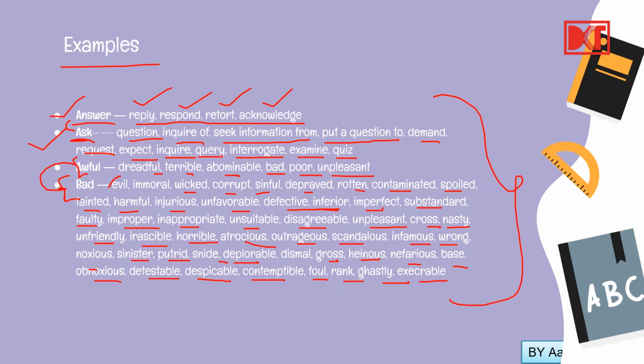But here you cannot really say that they've done a scandalous deed. Scandalous usually means something that has led to a scandal. We can say that they have done an inappropriate deed, unsuitable, disagreeable, but inferior we cannot say.